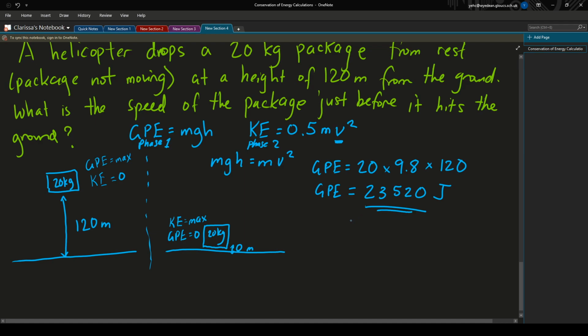And that should have been what you got for GPE, but remember, you're not finished yet after GPE. You then have to take that number to be the same as the kinetic energy in phase 2, and then solve for our v, our speed.